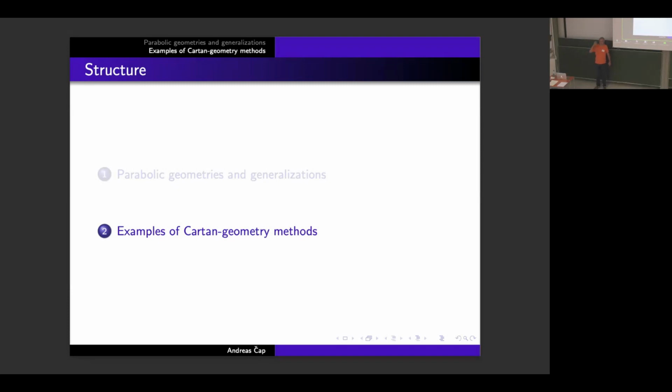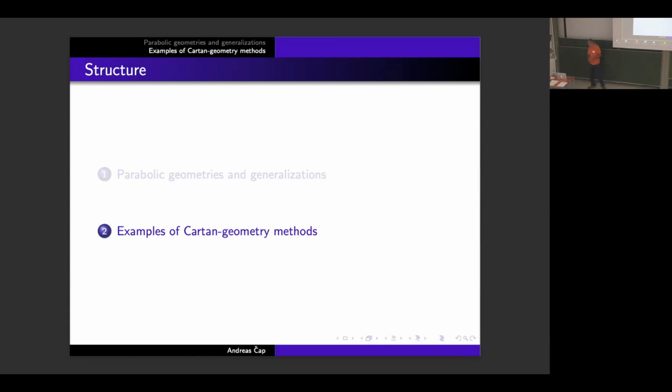If you have something interesting that works out for the homogeneous model, and this usually means the homogeneous models have the flavor of linear algebra, basically, because these are flag manifolds and stuff like that. And so if you find interesting stuff for flag manifolds, chances are good that they carry over to do interesting things with the associated Cartan geometries.